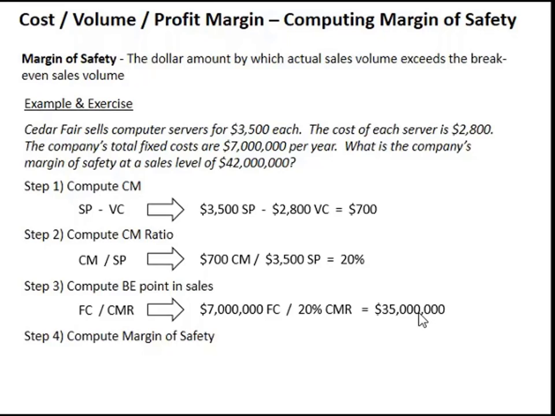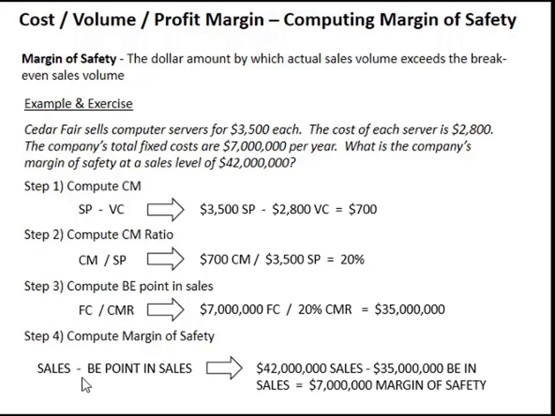What that's saying is if we were at a sales level of $35 million, we'd be right at break even. So now we need to compute the margin of safety, and the CEO said, compute my margin of safety if we were making $42 million. We take the sales minus our break-even point in sales.